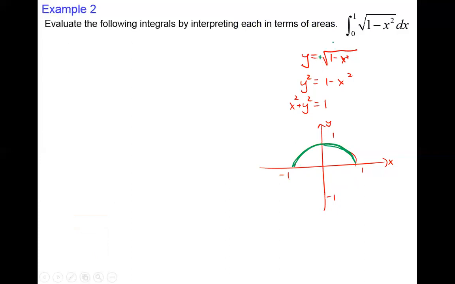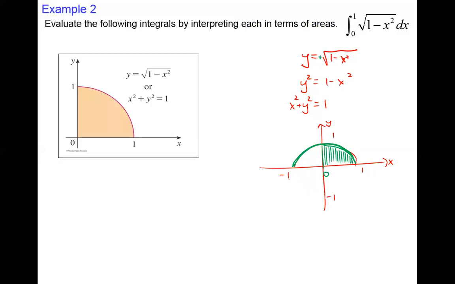And now the limits of integration. I'm taking this function and I have to cut the limits from 0 to 1. Practically, it's just a quarter of the circle. I think I have a nice picture for you. A quarter of the circle, and we know the area.